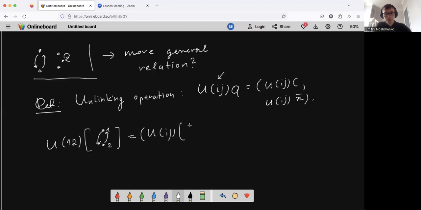So we have uij acting on the adjacency matrix first. The adjacency matrix was just 0, 0, 1. And then uij acting on the vector, and the vector was just x1, x2. Now we want to evaluate this, and the evaluation gives the modification of the matrix first.